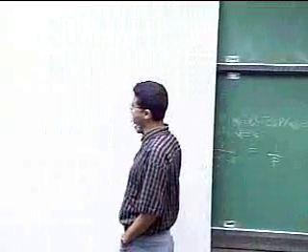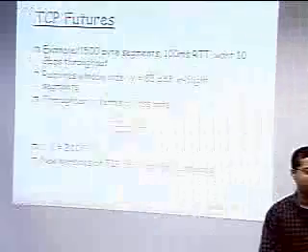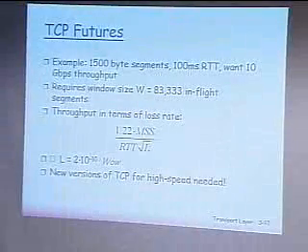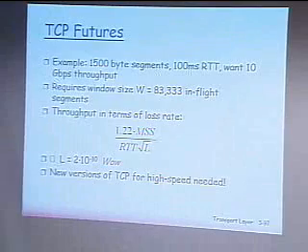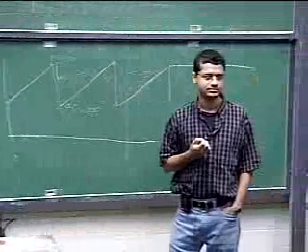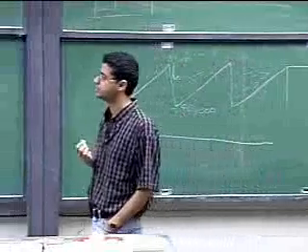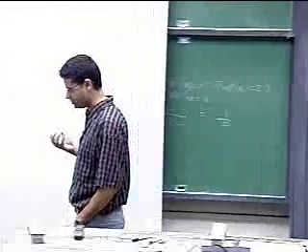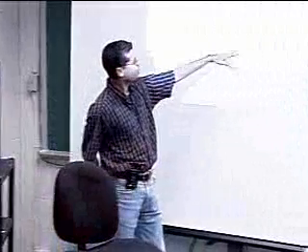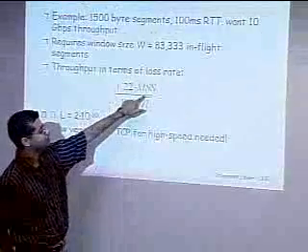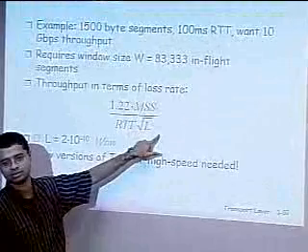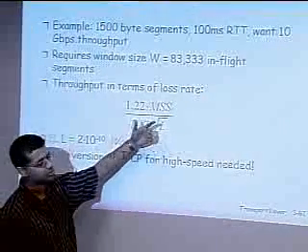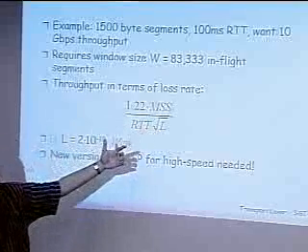So a fairly active research area is developing new versions of TCP for high-speed connections. People have tried different approaches. If you're still working with a loss-based approach, then people have tried to modify the behavior of TCP so that this 1 over square root p dependence goes away, and TCP is much more aggressive with respect to loss.